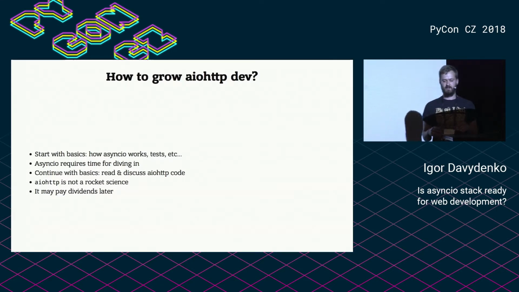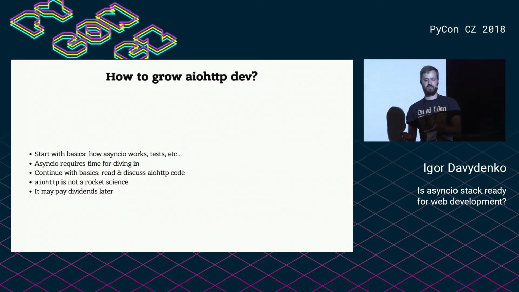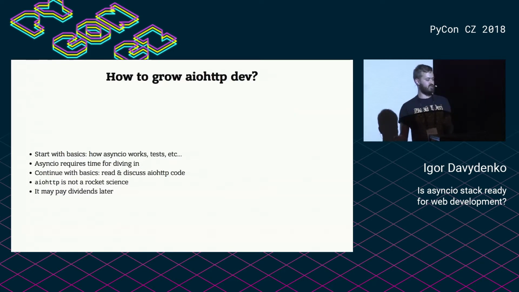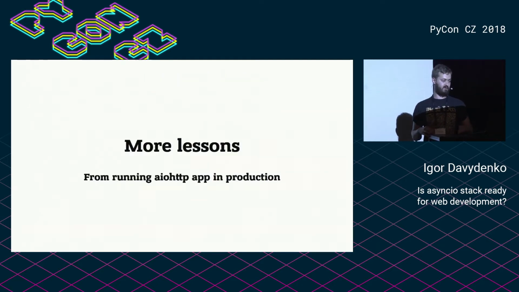It might take longer than mentoring new developers in Django or Flask projects, and continue with basics like reading and discussing aiohttp code. aiohttp is not rocket science, but you need to invest a lot of time in it, and maybe it pays dividends later, but who knows.